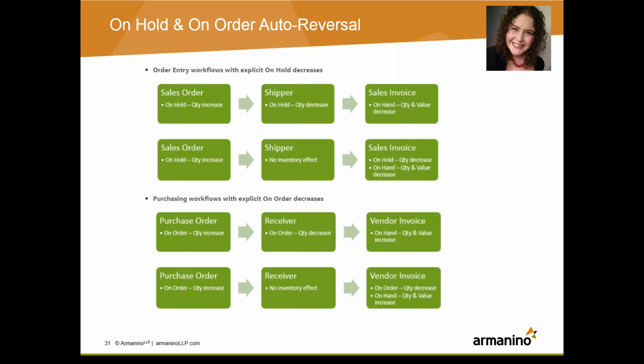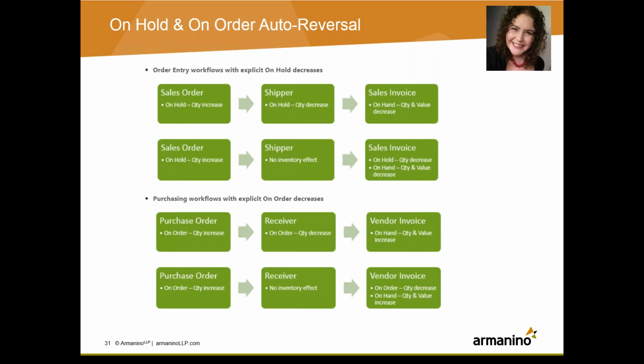Here are a couple of examples for both order entry and purchasing. If your sales order increases the on-hold quantity and a transaction in the workflow three or more levels away decreases the on-hand quantity, you can configure the transaction definition for that transaction. So this will allow you to manually correct it as well, similar to the purchase orders.